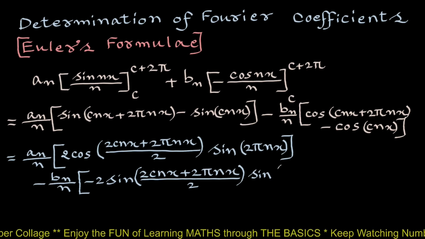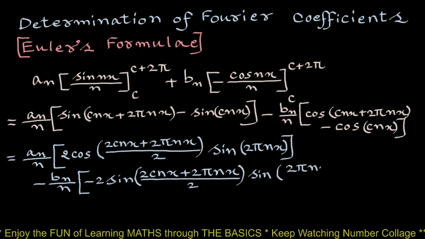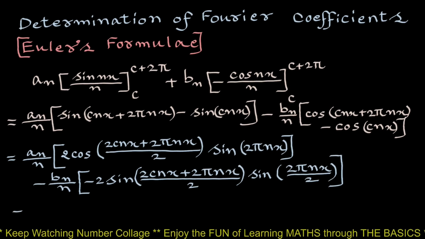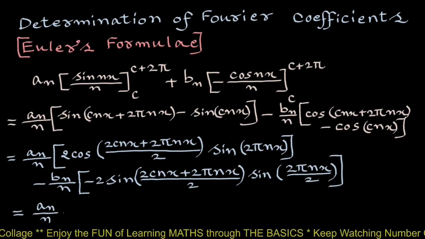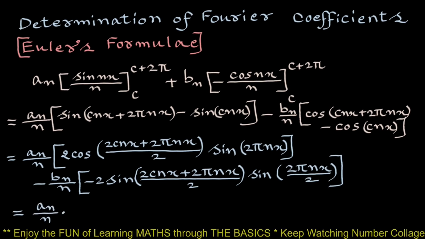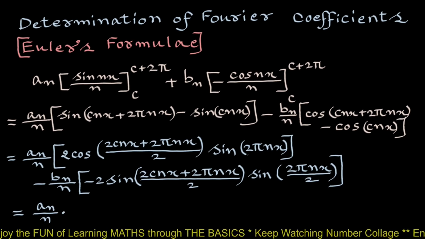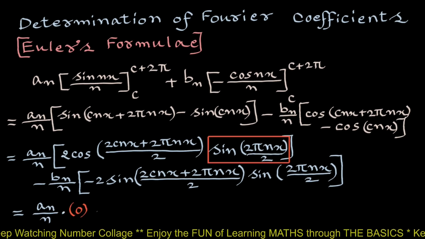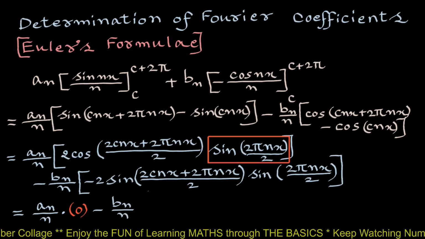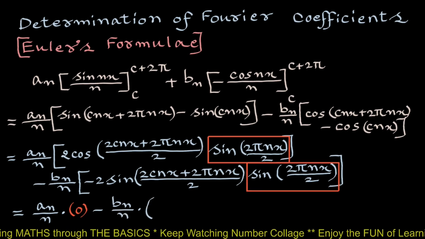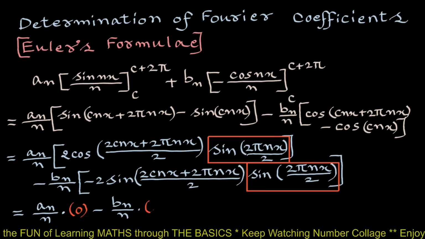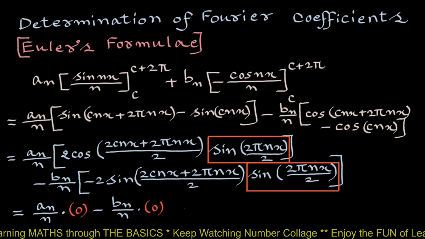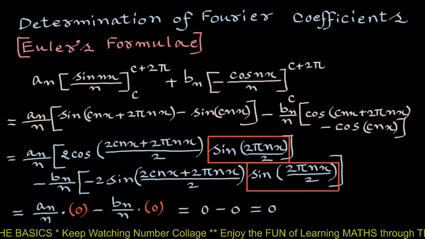So this is sin of 2 pi nx upon 2, which is an upon n into, since sin of 2 pi nx upon 2 is 0, minus bn upon n into, here sin of 2 pi nx upon 2 is also 0, giving us 0 minus 0, 0.